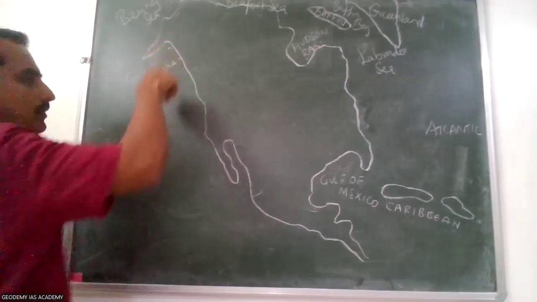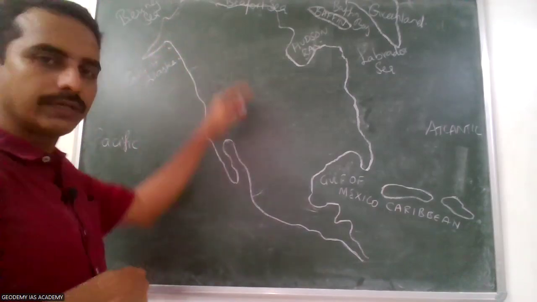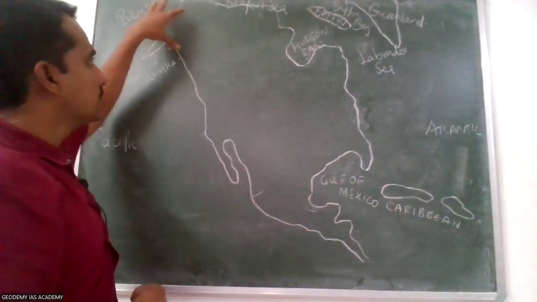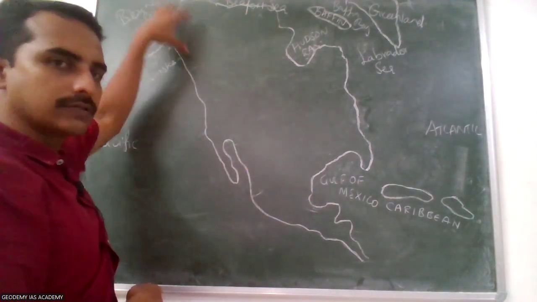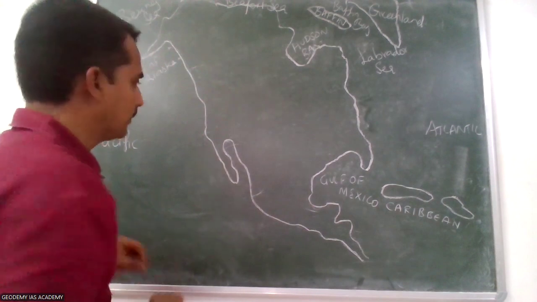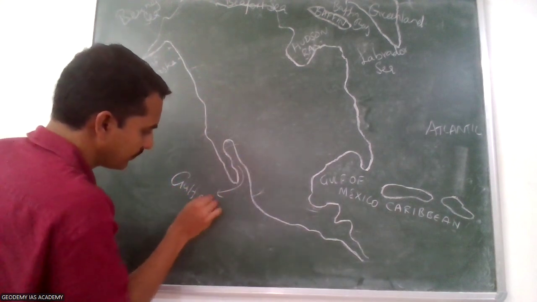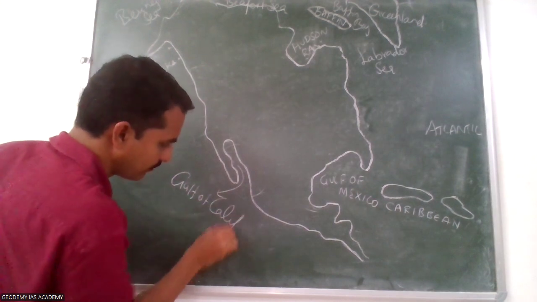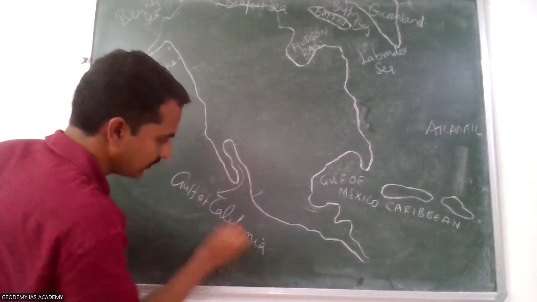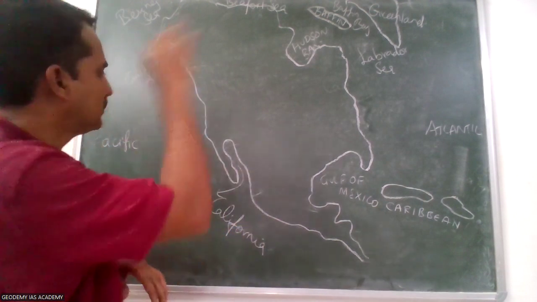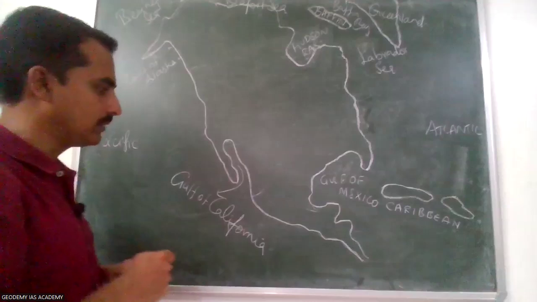Alaska is a state of the USA, because North America has three countries, we know: Canada, USA, Mexico. Alaska is here in the north of Canada, but Alaska belongs to the USA. And here Gulf of California. So these are the major regions in the surrounding part of North America.